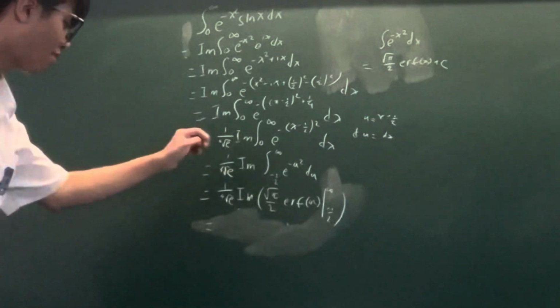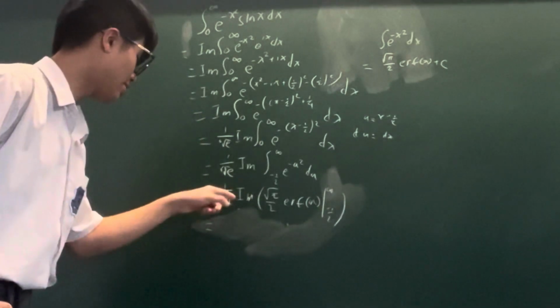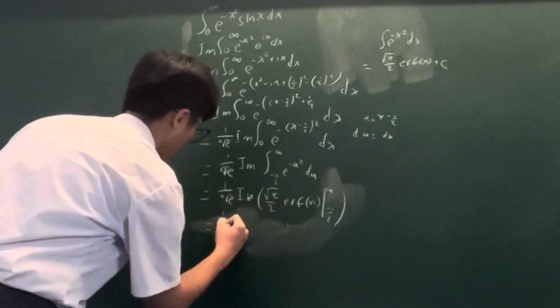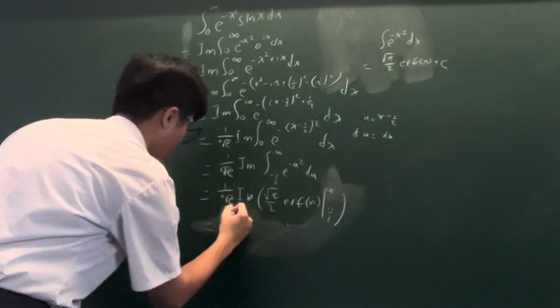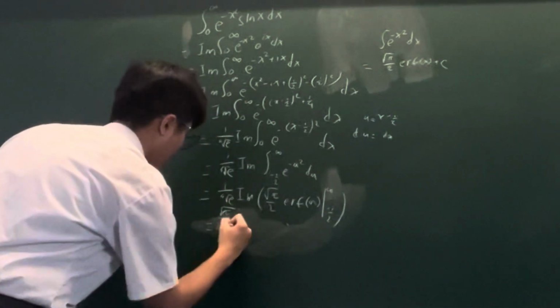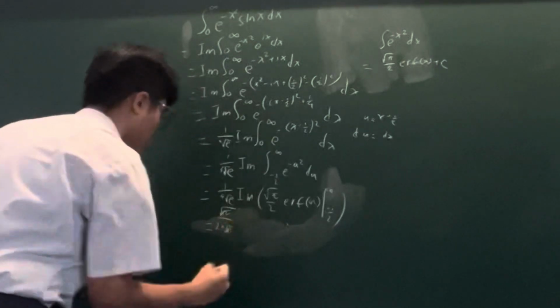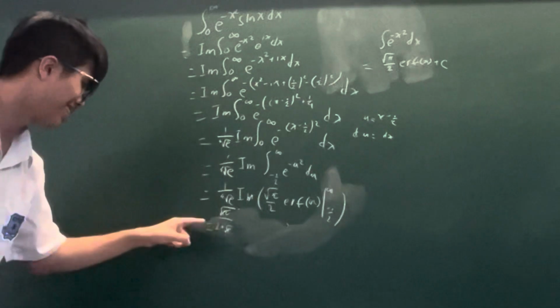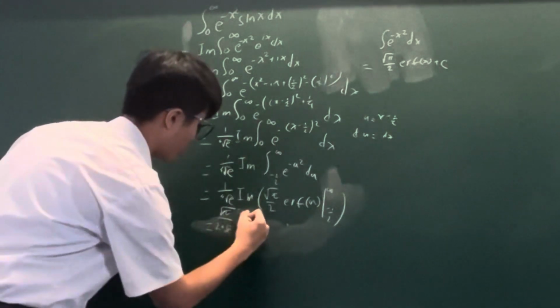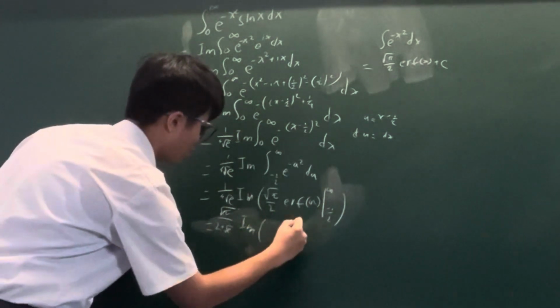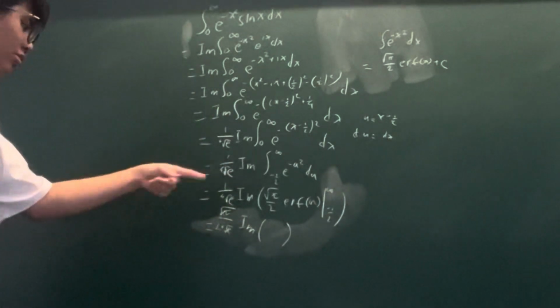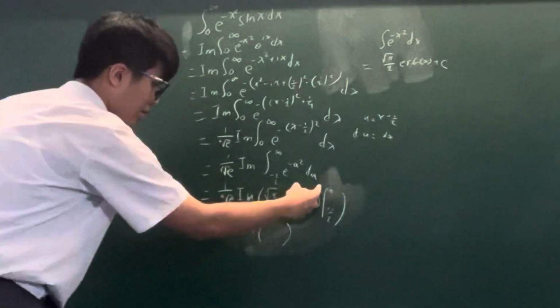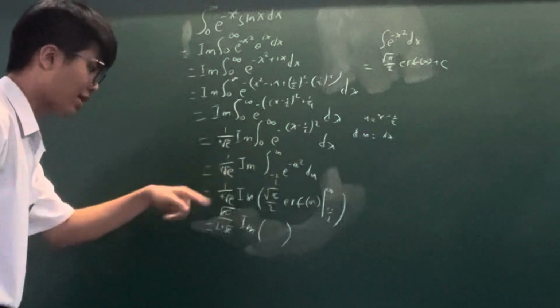Because square root of pi over 2 doesn't really depend on the imaginary part, we can put it outside. You get square root of pi over 2 times the fourth root of e. Be sure you write the fourth root of e clearly. And then you already put the square root of pi over 2 outside, and then erf of infinity, which is 1.